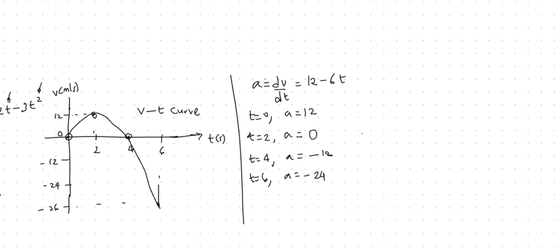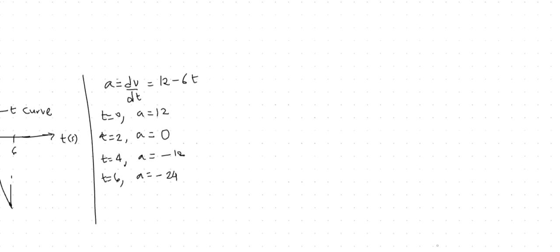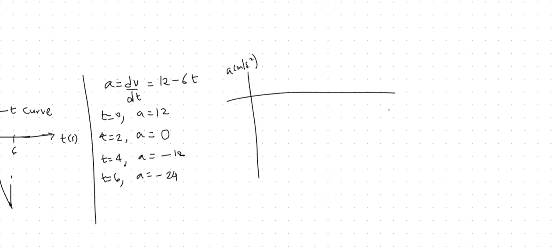So if I plot my graph of acceleration against time, this is acceleration on the vertical axis, because I have more values to the negative. That's why it's like that. The unit is meters per second squared, and time is in seconds.